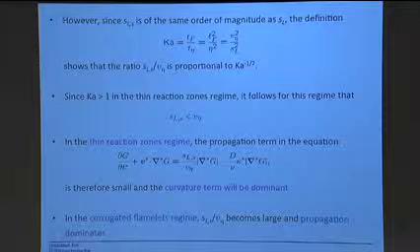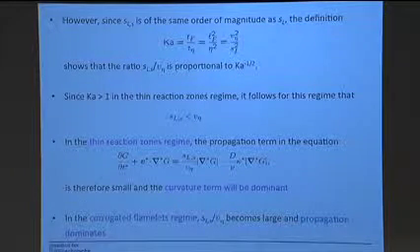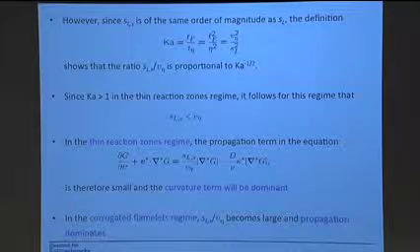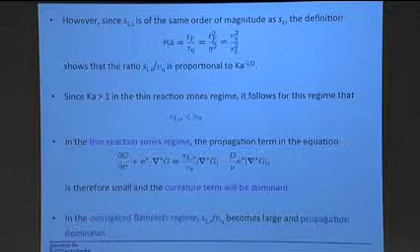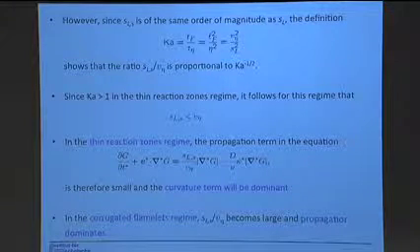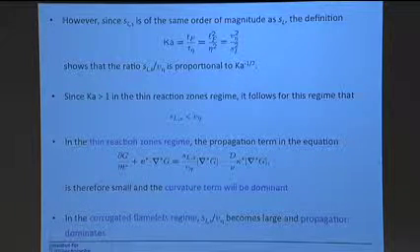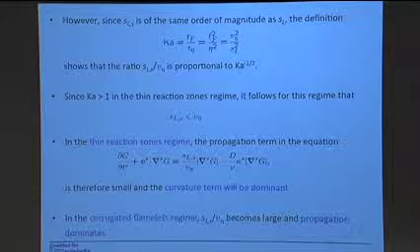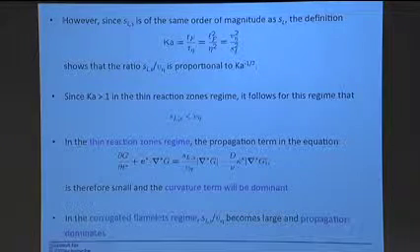So in the thin reaction zones regime, you see from this analysis that this propagation term actually becomes small, and the curvature term is the most important term. This is now the dominant propagation term in that regime.